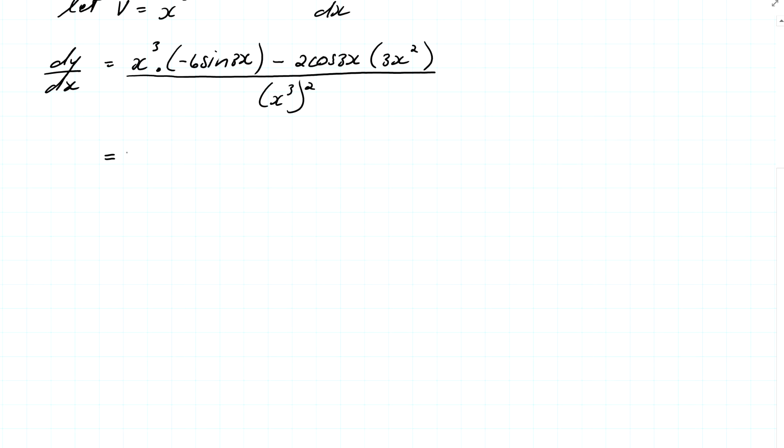And if we just want to simplify that a bit, we can bring minus 6 to the front, and then we can have x cubed, and then we can write the sine 3x, and yeah, we can have minus 2 times 3 is 6, and we can have x squared at the front, cos 3x, sorry about that, and that all over x cubed to the power of 2.